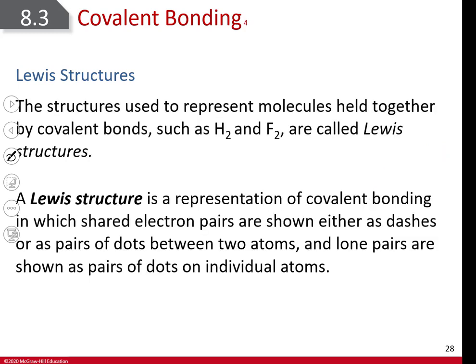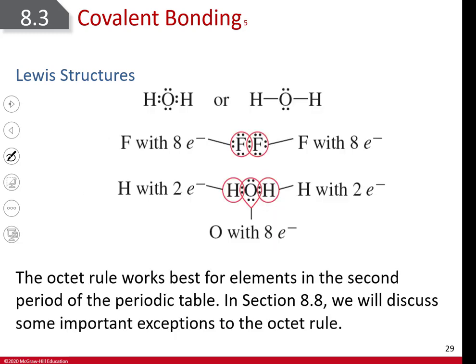So these are called Lewis structures. Let's see here, we have water. If I wanted to make the structure for water, each hydrogen has 1 dot, so it can make 1 bond. And the oxygen in the center has 6 dots, so it can make 2 bonds.